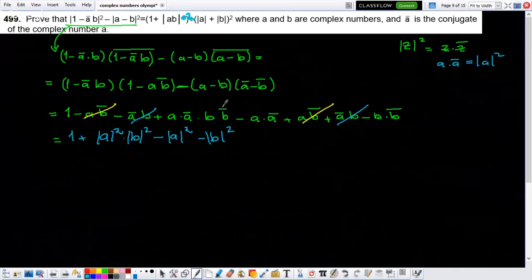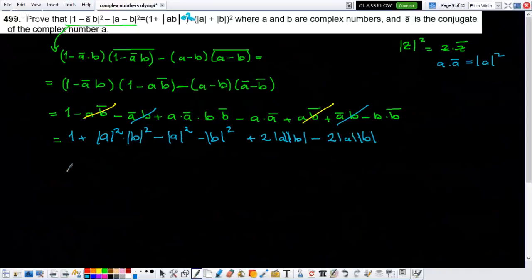Here what I'm going to do is add plus 2 a conjugate b conjugate minus 2 |a||b|, and the sum here is equal to 0, but I'm going to use them here.